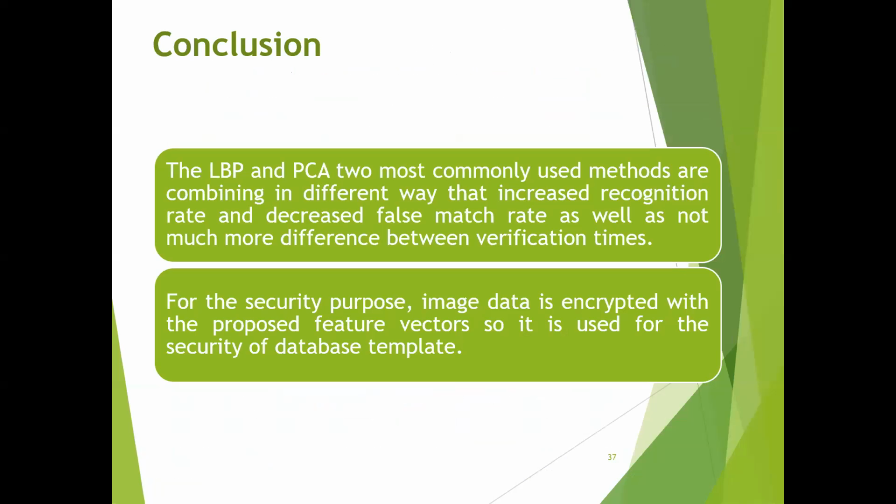So the conclusion is that PCA is a commonly used algorithm in the market, right? But if you hybridize this PCA with LBP, because PCA works on shape, global data, and eigenvectors, whereas LBP works on local data, so if you hybridize the combination of local and global code, right, then you can get the best result, the best accuracy rate, and you can decrease the false match rate, right?